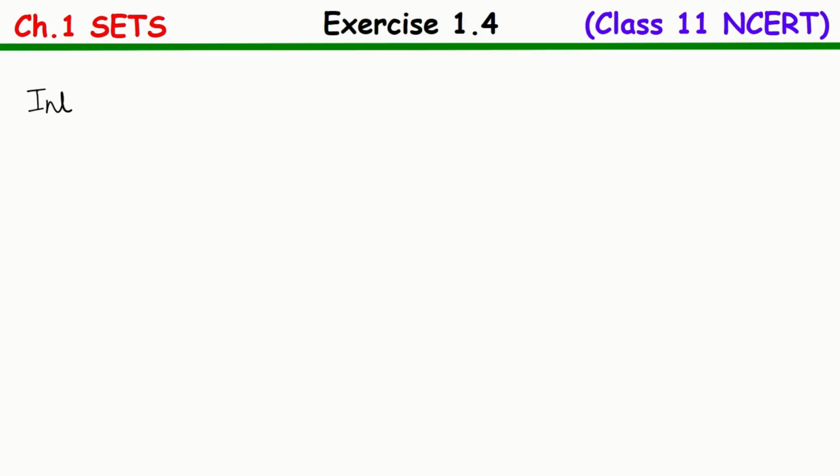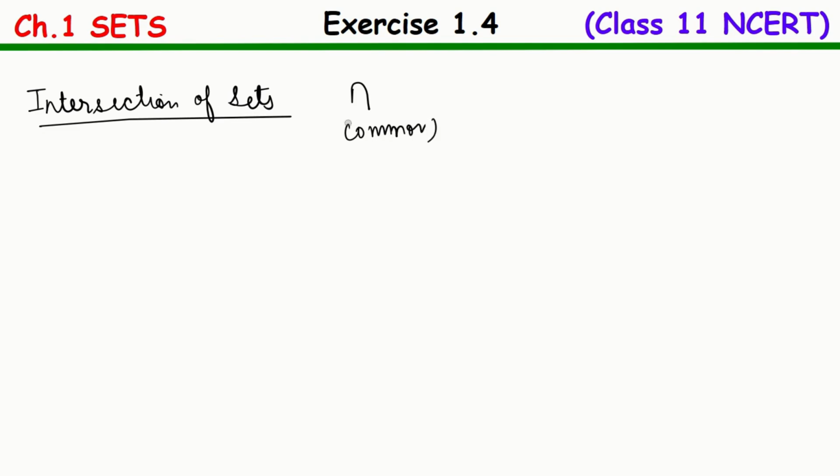Next is intersection of sets. Intersection is denoted by this, the opposite of union. It means we have to state the common elements only. Suppose we have a set A which has 1, 2, 3, 4 and 5, and then again we have a set B which has elements 1, 3.